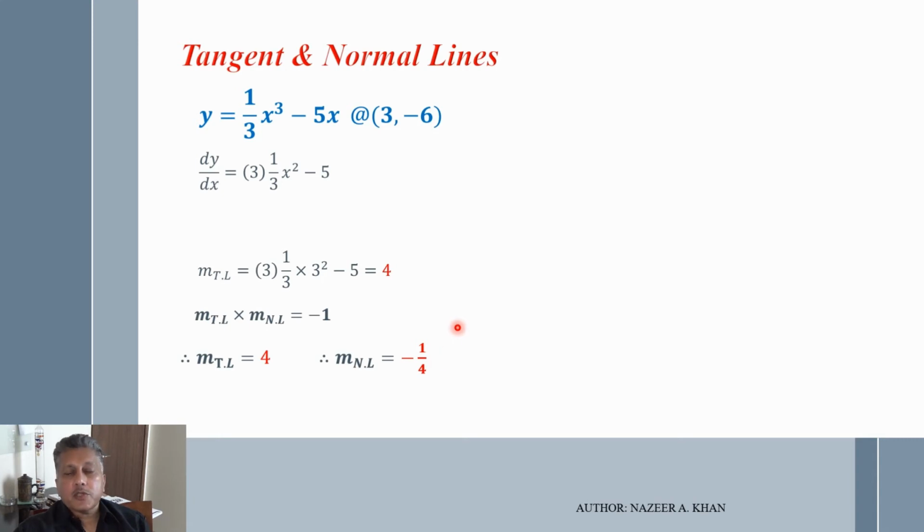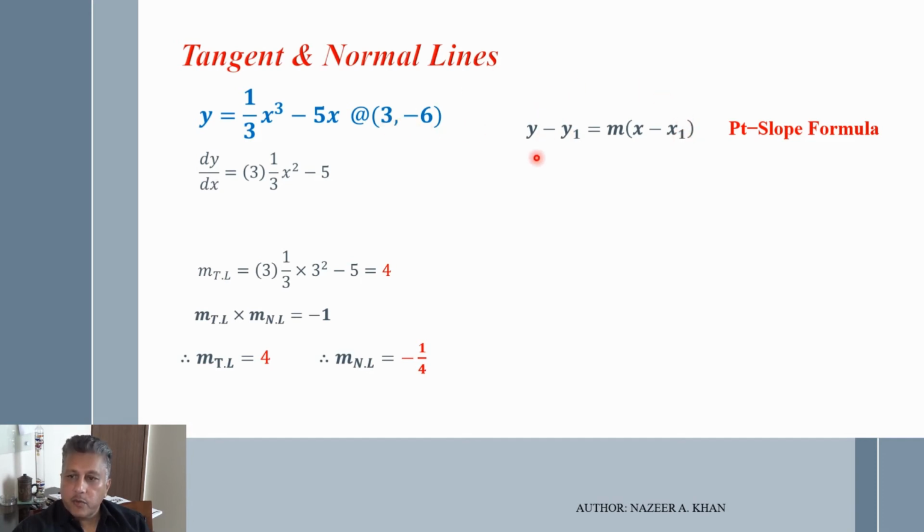Let's go and use the point slope formula to get the general equation of both of these lines, the tangent and normal line. When we look at the point slope formula, we see that this would be the y value. Because this is minus, it'll become plus there. This will be the x value, it becomes minus right there.